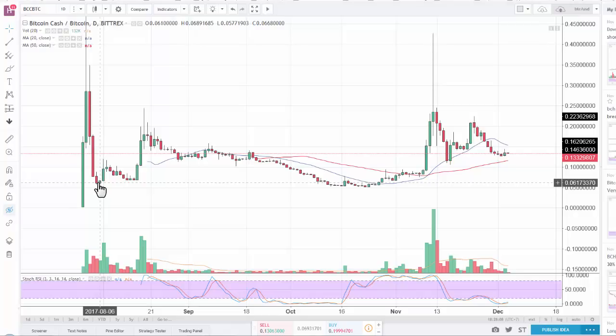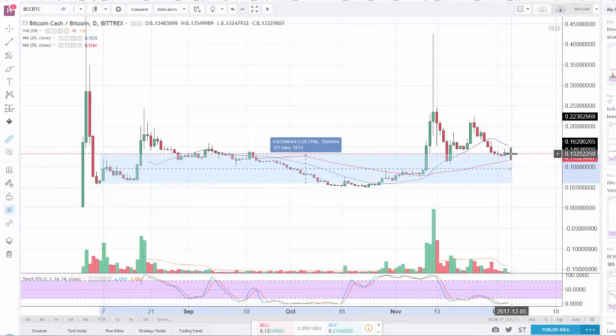Since the first day when it was tradable until the price of today, it's 120% up. In the past 4 months, since it was released, it is 120% up versus Bitcoin.